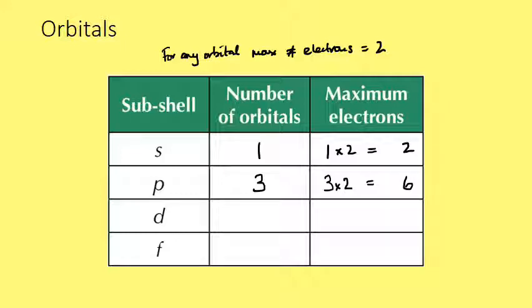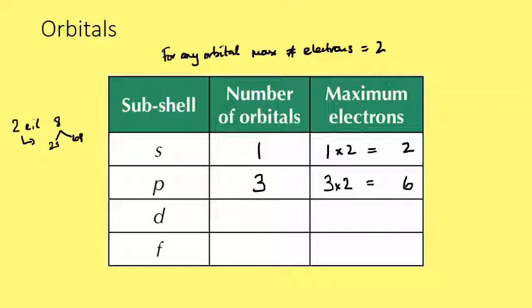So if you remember at GCSE, the second energy level we said had 8 electrons, and that's correct. But at A level we see that this 8 is made up of 2 electrons in the s subshell and 6 electrons in the p subshell.